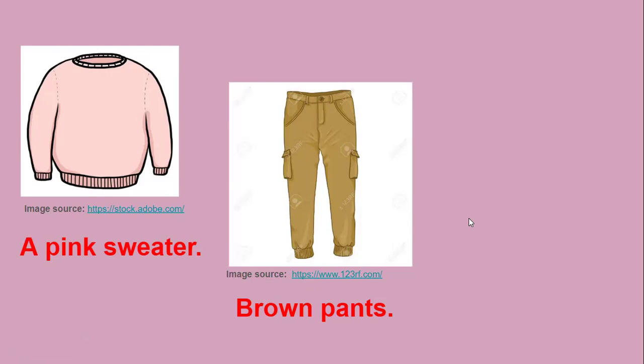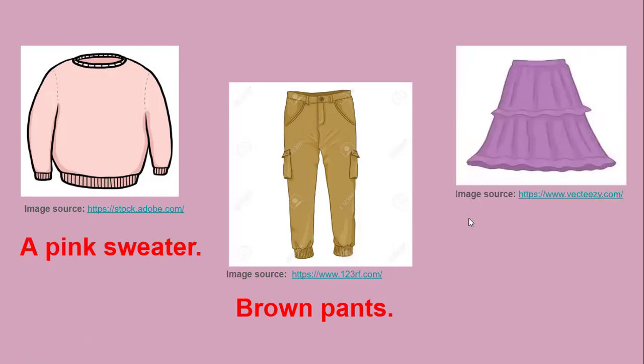Okay, let's move. Next item. Here, you've got a purple color, and the name of the item is a skirt. So we say a purple skirt. Right. So this is how we say the clothes and their colors.